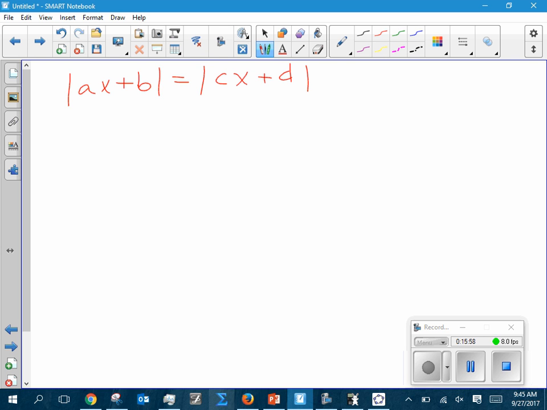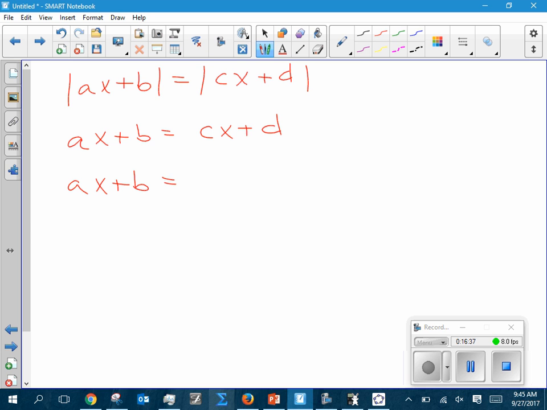And the way you approach this is that we simply solve that expression there. That's then saying that ax plus b is equal to cx plus d. Now, the same idea happens, and then we're going to solve ax plus b.